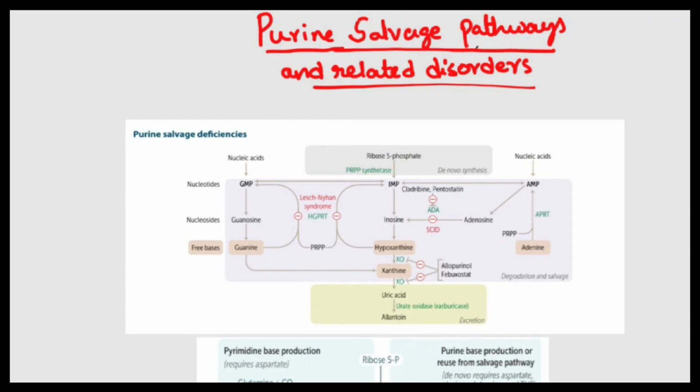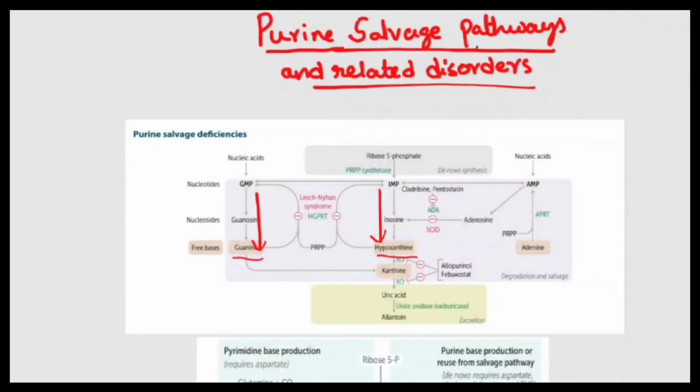So GMP and IMP, as you can see, both of them are converted to xanthine, hypoxanthine, and GMP can be separately converted to guanine. Hypoxanthine and guanine are the free bases.